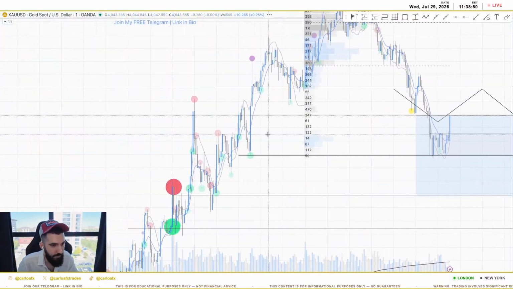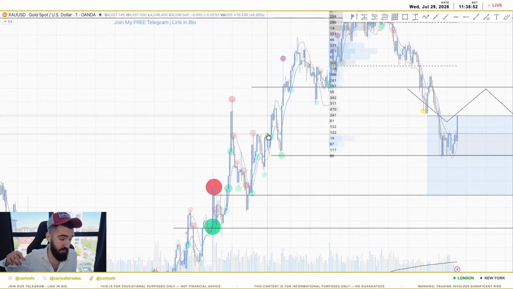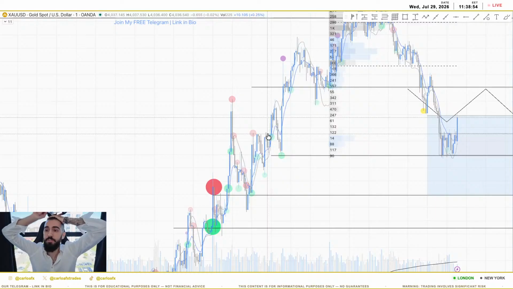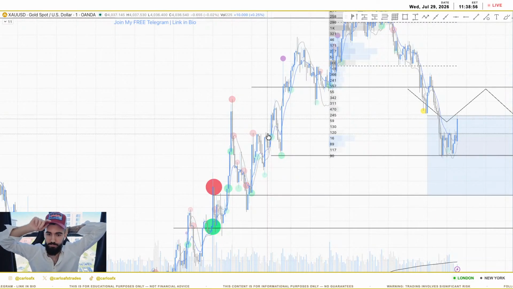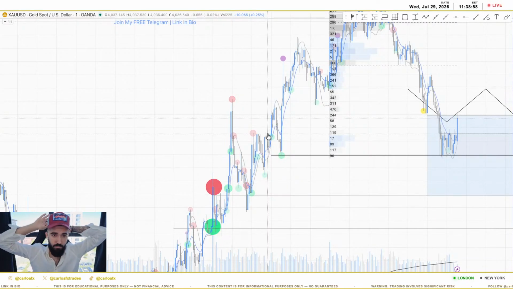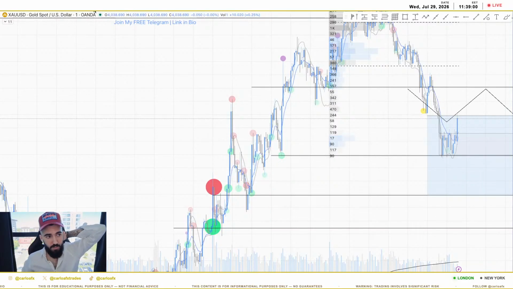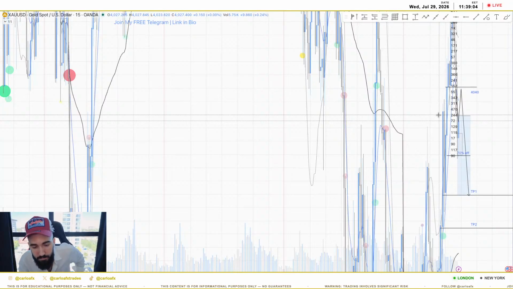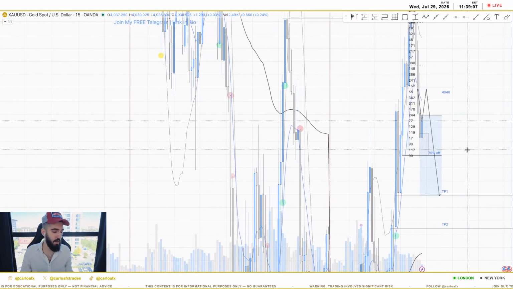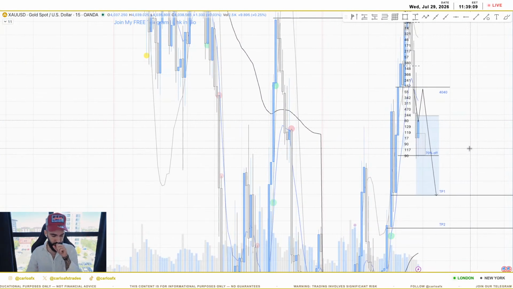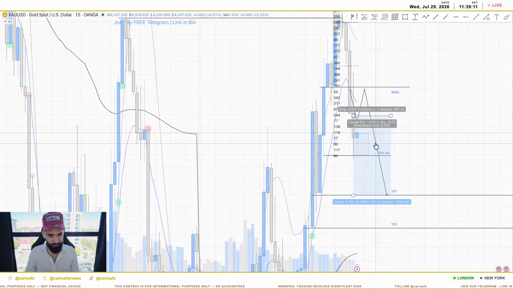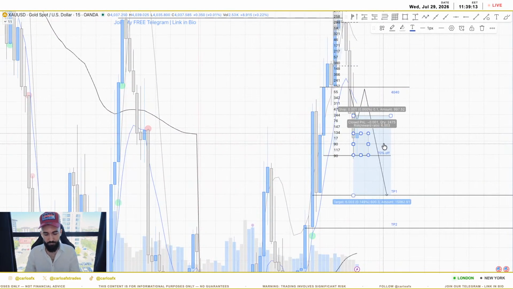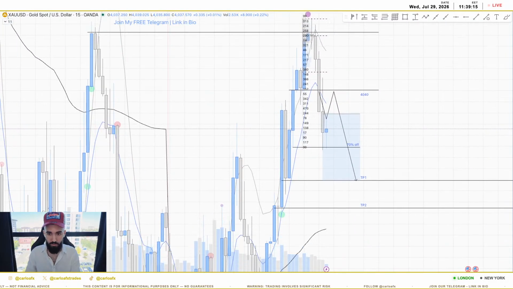Yeah, fuck it. Still a good trade. Still a great trade. It's satisfying that at least I didn't wait like 2 hours for nothing. I really expected this move. I waited a lot for this.